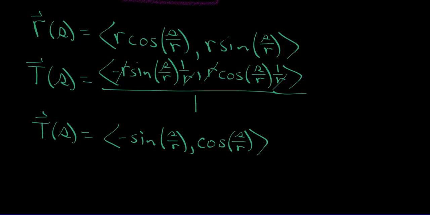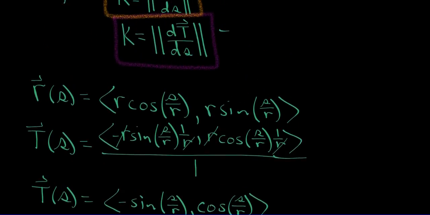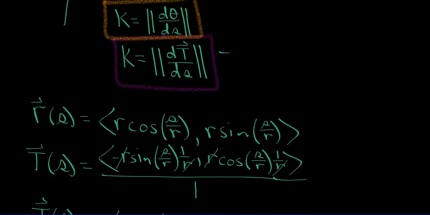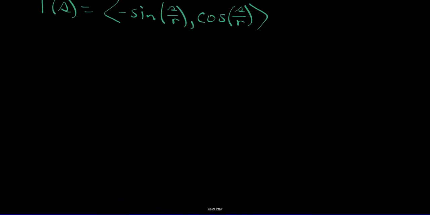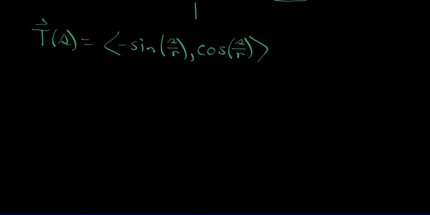Now what I've got to do is differentiate that with respect to S and take the magnitude. Because what I'm doing is going right back to this definition. That's all I'm doing. And we're not going to be able to do this always. This is just a nice, well-behaved function here.